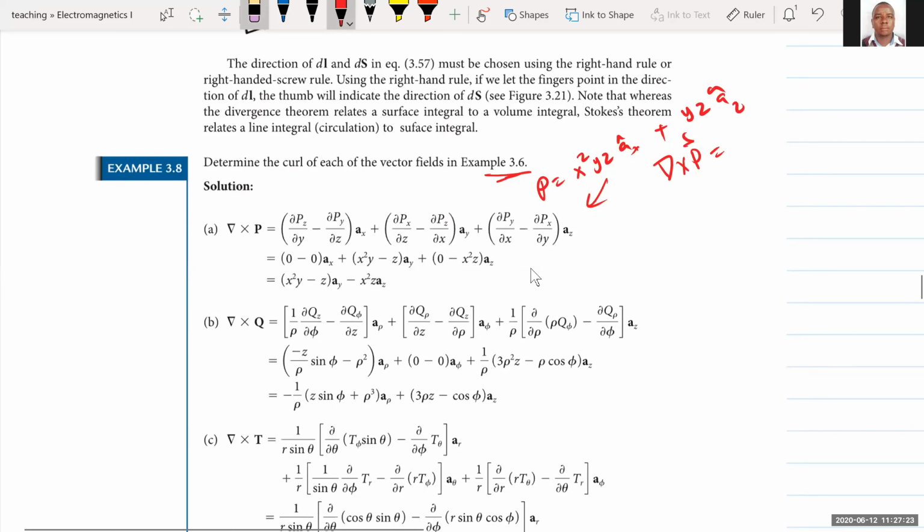Someone confirm. So if that is our vector P, and we want to find the curl of P, you just have to put ax, ay, and az, and then d/dx, d/dy, d/dz.